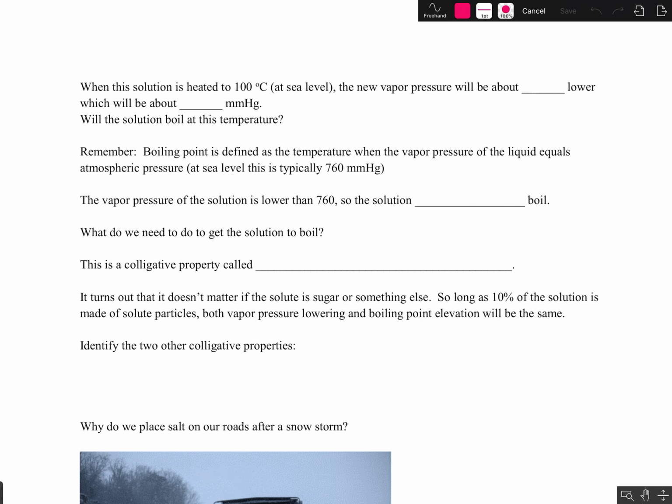Well, let's see. When this solution is heated to 100 degrees Celsius, the new vapor pressure, once again, will be about 10% lower, which at 100 degrees will be about 76 millimeters lower. And so it will go down to 684 millimeters of mercury.